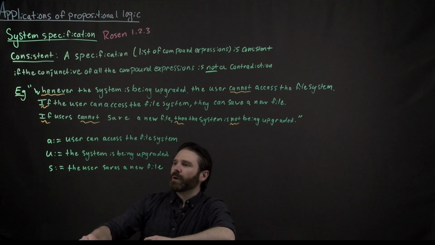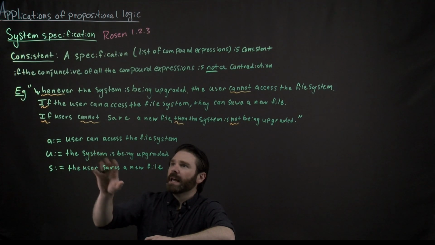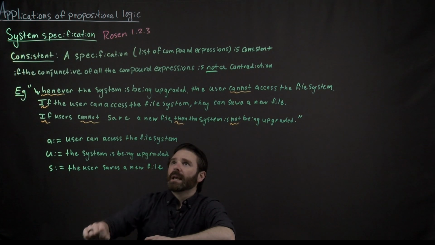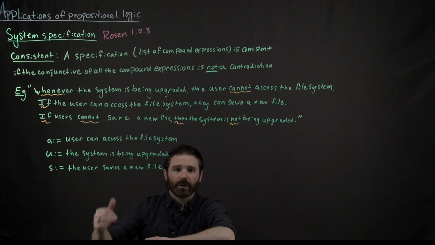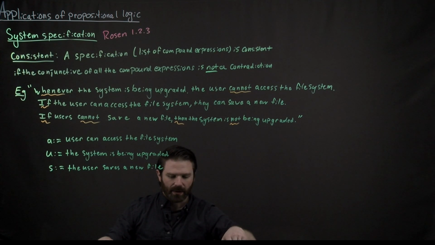So those are my three propositional variables that I am going to be using. And so with that, I can restate these English sentences into compound propositions by using the skills that I've learned from that previous video. So let's go ahead and do that now.